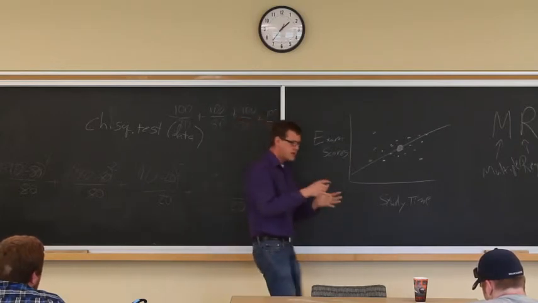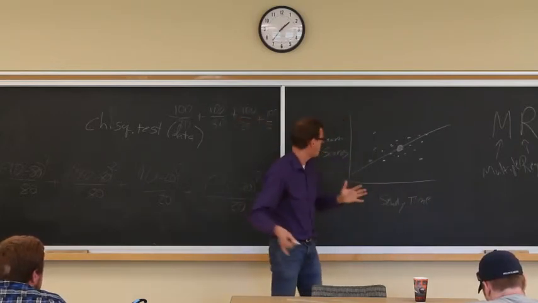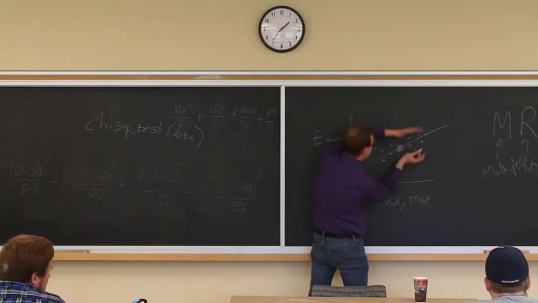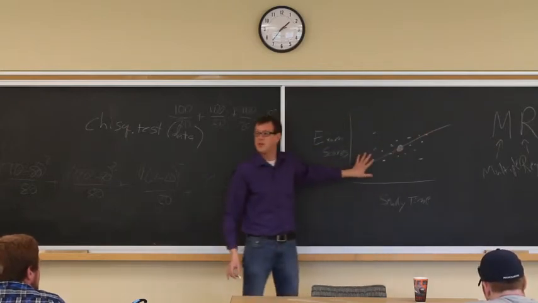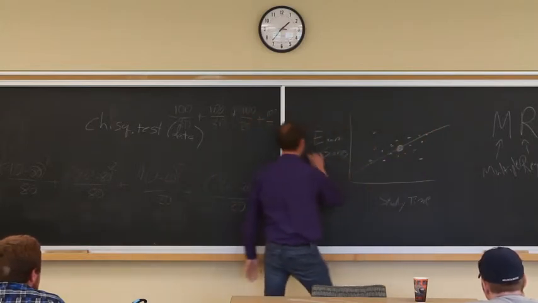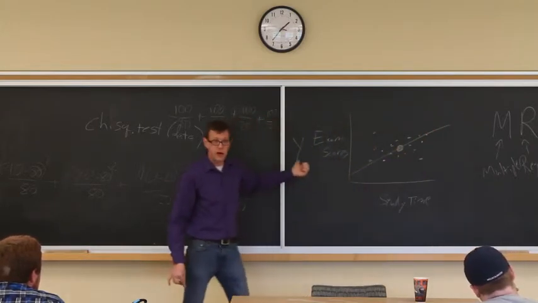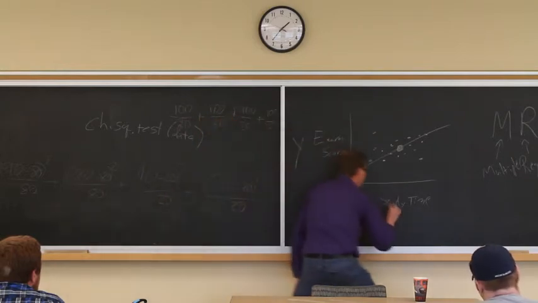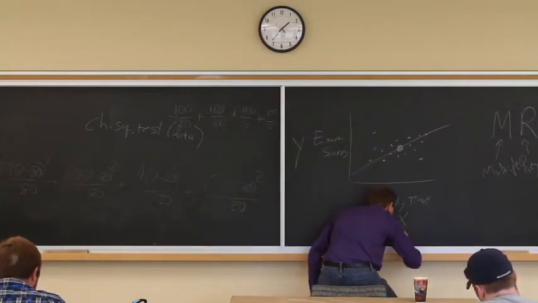What the absolute value of R represents is how tightly packed around this line these dots are. And this line is trying to predict our Y variable, or dependent variable, from our independent, or X, variable.